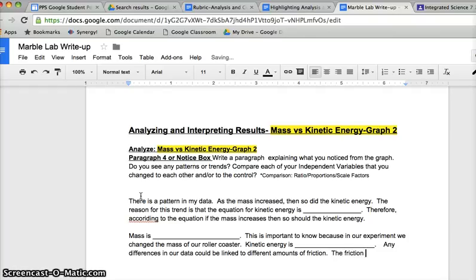The friction could be different for each mass because, and then you want to think about, like, if you rub your hands together softly versus hard, you can feel different amounts of heat with that. So how would the wooden marble compare to the brass marble on that foam track? So you could talk about that.